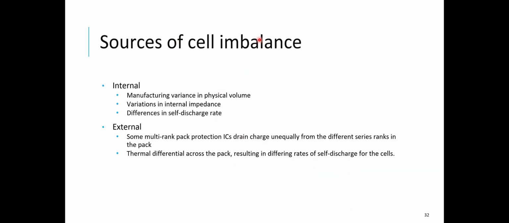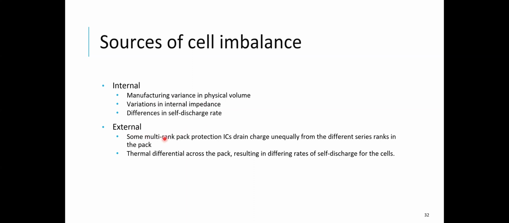So what makes batteries imbalanced? Like we said, no two batteries are the same. They might have different impedance, different self-discharge rates, and these manufacturing variances cause all kinds of differences in terms of capacity, self-discharge, internal impedance, and so on and so forth.